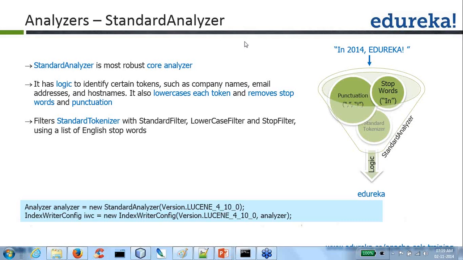First, it also uses a lowercase filter and also uses a stop filter. For example, by default it has some stop words, like all the common words: in, a, the, and. All those common words will be filtered. In the SimpleAnalyzer, the stop filter was not used.